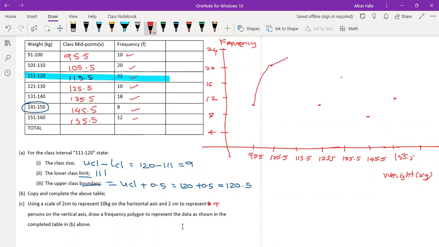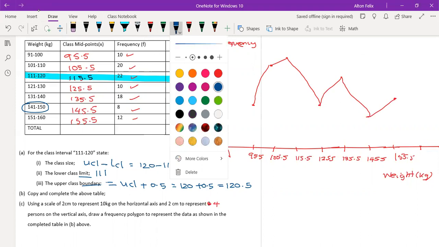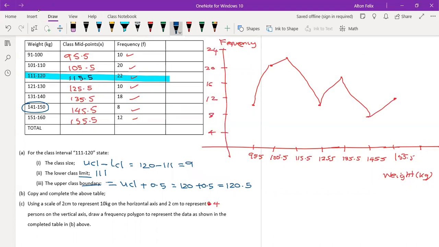Use your ruler, connect your dots, get straight lines as we drew them there. So your lines will be straight. Now, the point I wanted to show you on the sketch is that we need to take the ends all the way down to the axis.